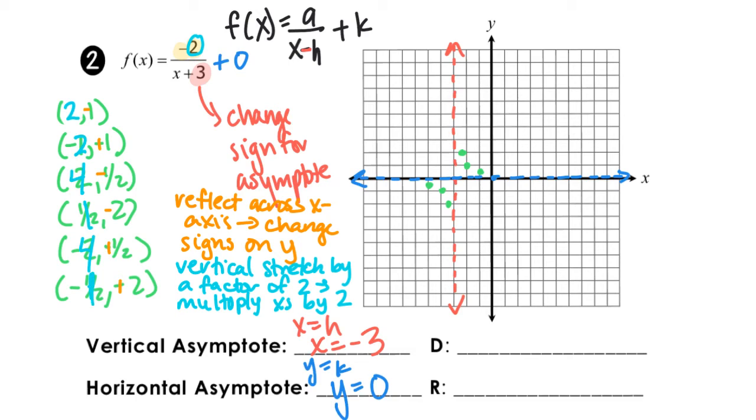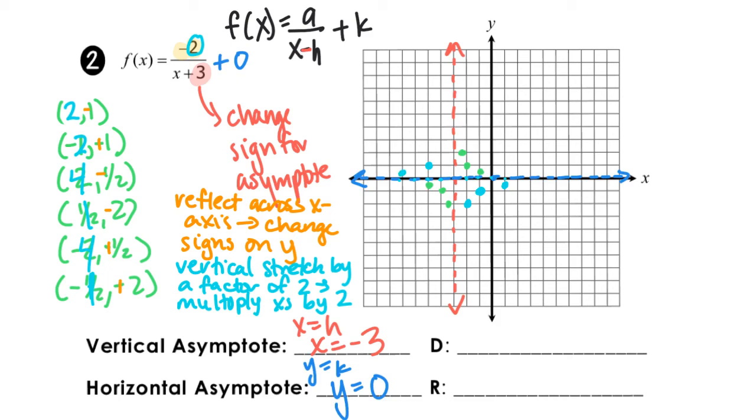So now I'm going to graph these new points on my new axes. So I have 2, negative 1, negative 2, positive 1, 4, negative 1/2, 1, negative 2, negative 4, 1, wait, no, that would be negative 4, 1/2, my bad. 1, 2, 3, 4, 1/2, there we go.